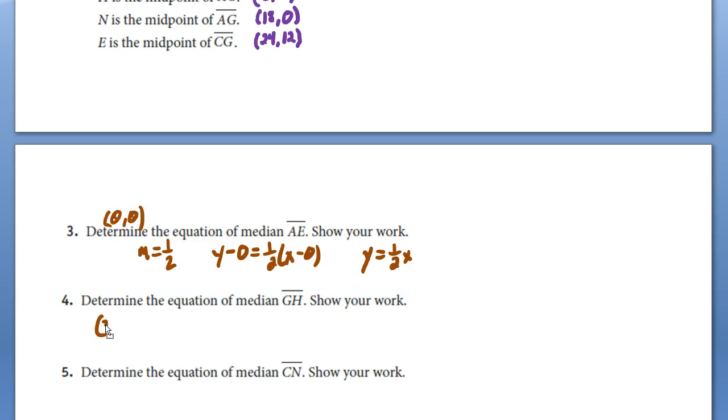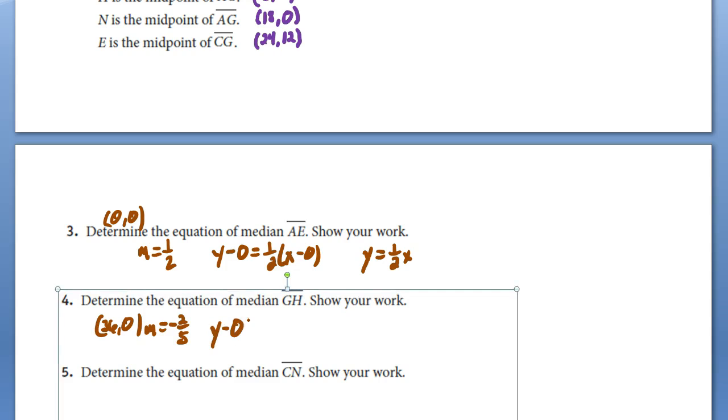So 36, 0 is a point on the line, and the slope is negative 2/5. So we have y minus 0 equals negative 2/5 times x minus 36. We can simplify this and get y equals negative 2/5 x plus, let's see, 2 times 36 is 72/5.